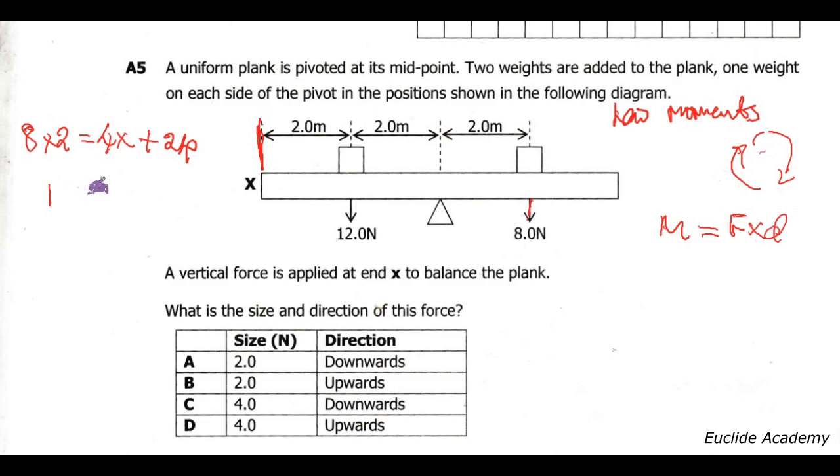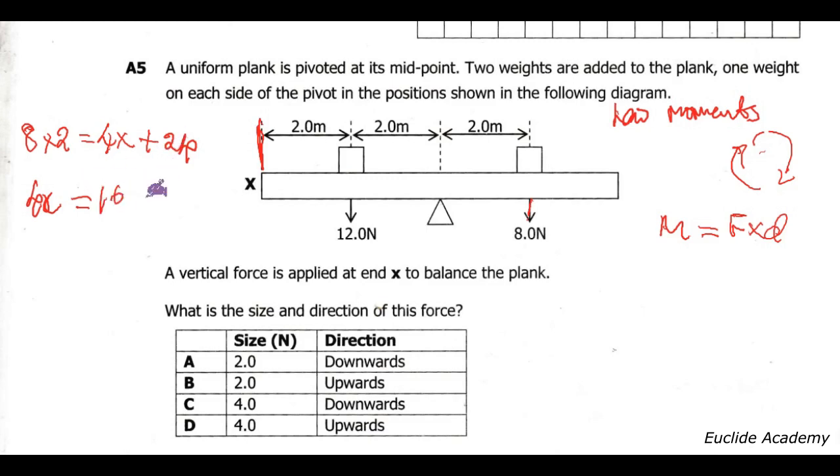So I'm just going to swap things here. I'm going to bring the 4x to the other side, so we have 4x equal to 8 times 2, which gives us 16, then minus 24.